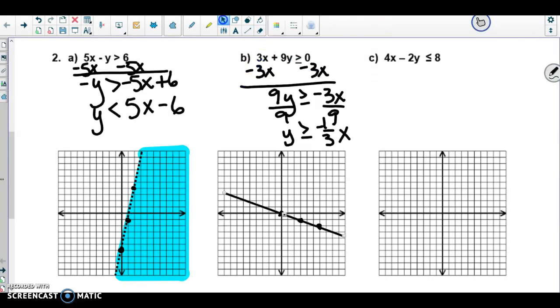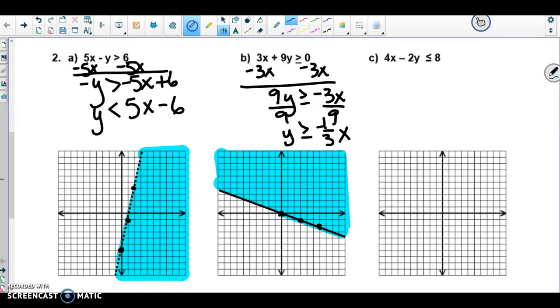Adjust that. Goes through. And then I'm greater than or equal to, so if I look here, I know that I need to be above this line to be greater than or equal to. So yes, I would be shading up above.